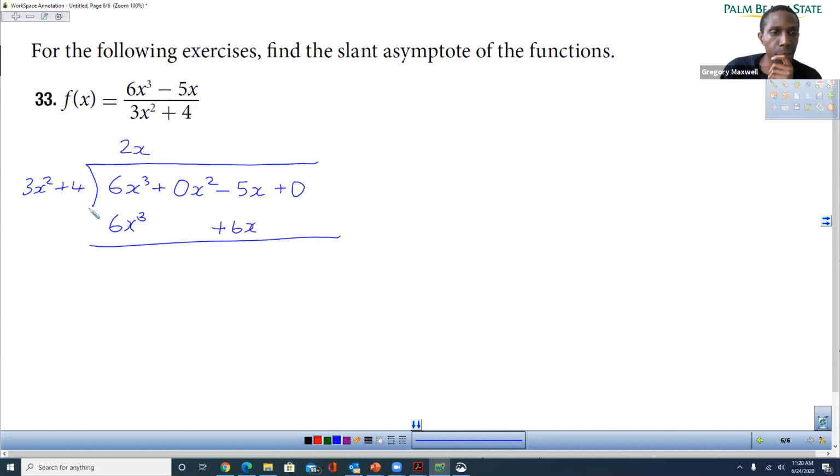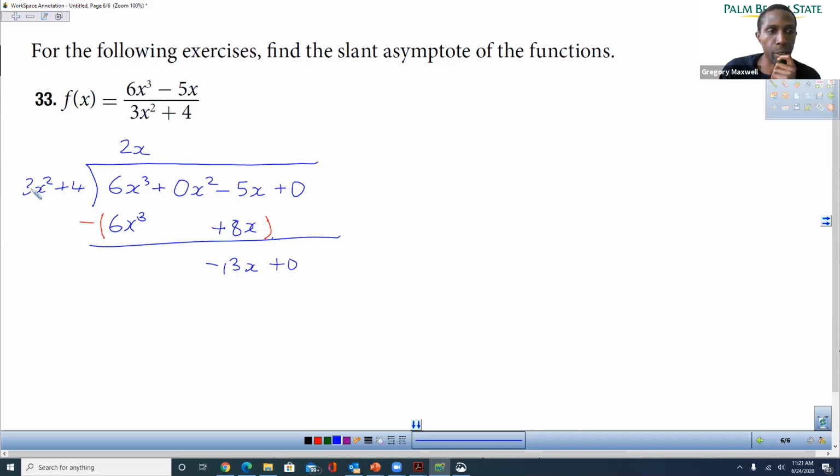Then I subtract, not 6x, 8x, sorry. So then I subtract, and I get 0x cubed, 0x squared, minus 13x, and then plus 0, of course.